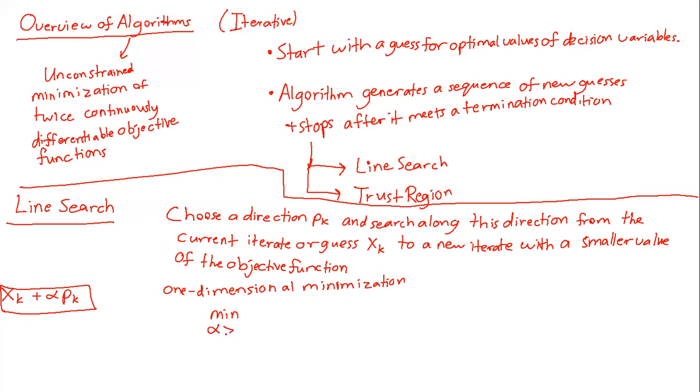So find an alpha that's positive such that f of my current xk plus alpha pk gets minimized. I'm searching for an alpha that, based on the direction I chose, makes the new value of f as small as possible, because I'm trying to find some point that minimizes f.